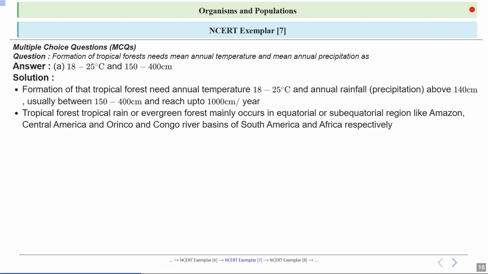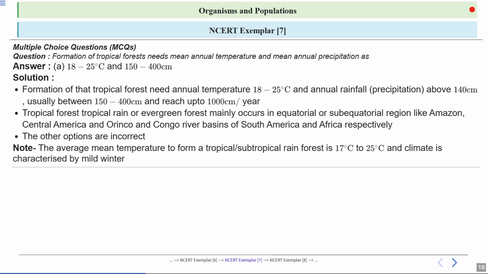The tropical rainforest or evergreen forest mainly occurs in equatorial or sub-equatorial regions like the Amazon, Central America, and the Orinoco and Congo river basins of South America and Africa respectively. Now the other options are incorrect.